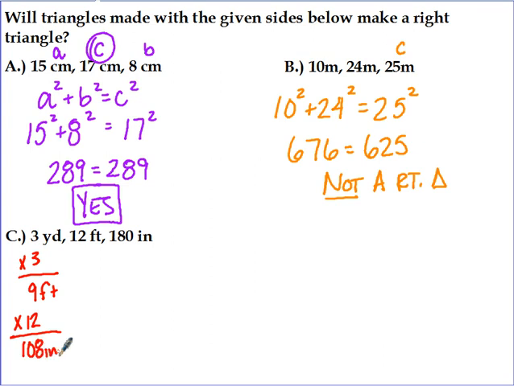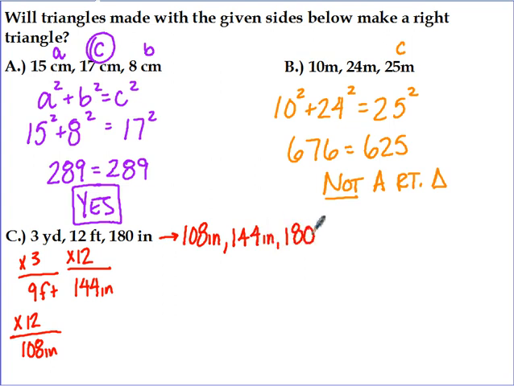And then 12 feet times 12 gives me 144 inches. So my 3 sides are really 108 inches, 144 inches, and 180 inches.